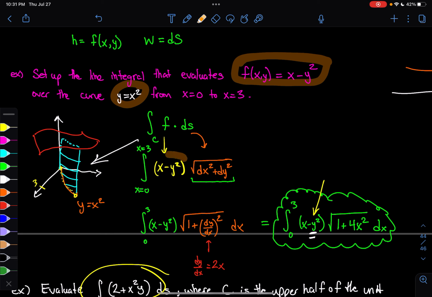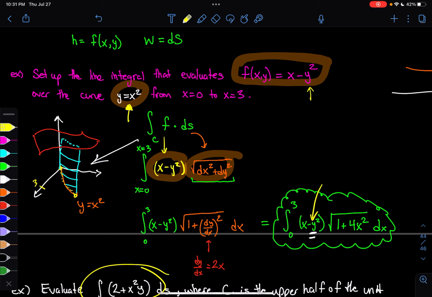And so we put in the function, we put in the curve, and we got all the way to this point. And I was like, oh shoot, there's a y in there, we're screwed. But it turns out that we're not so screwed, because what is the value of y? What is the value of this function's y value if we're just hanging out over this curve, right?